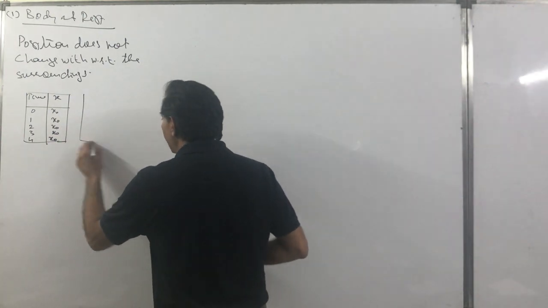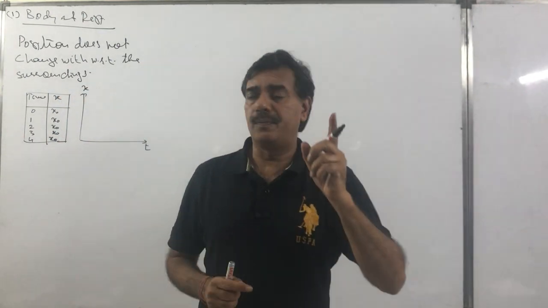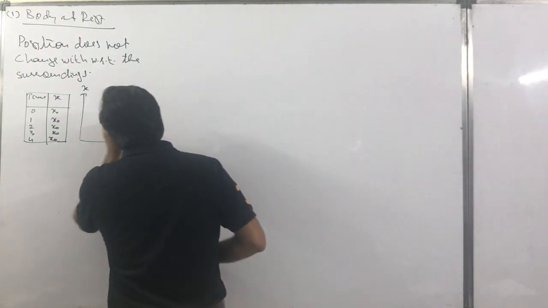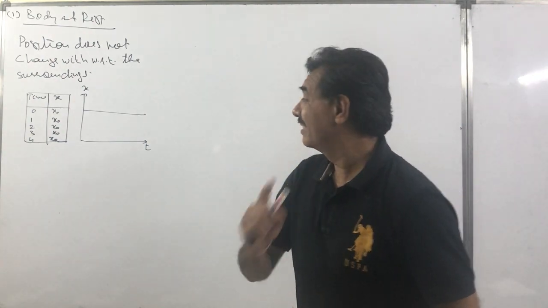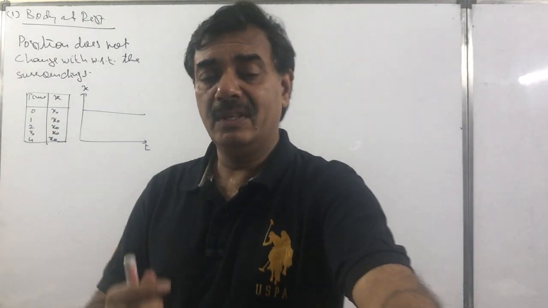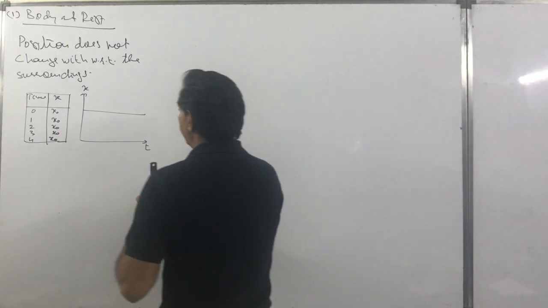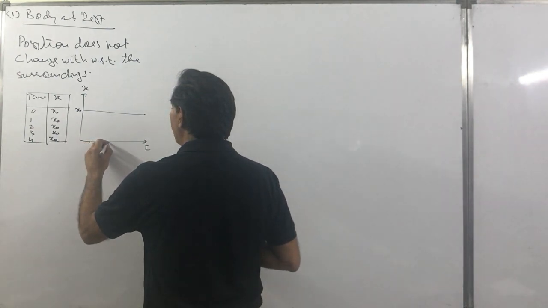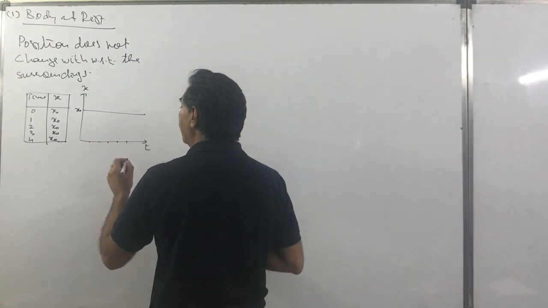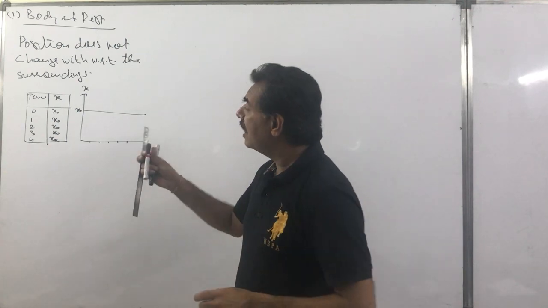And if we plot a graph, position time graph, xt graph, it will be a line parallel to the time axis. This indicates that at t is equal to 0, the position was x naught. At 1, 2, 3, 4, 5, at all these times, the position was the same. Thus, this is a graph.